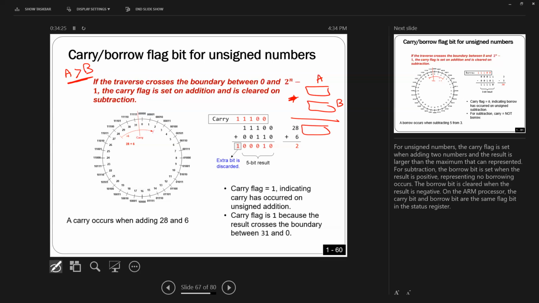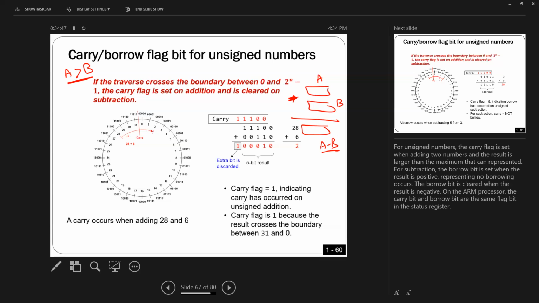You take A minus B, so this should be okay. There should be no overflow, because actually you are going to get a smaller number, right? Because you subtract.